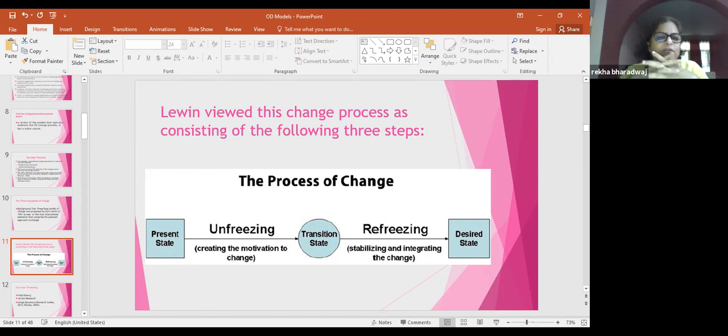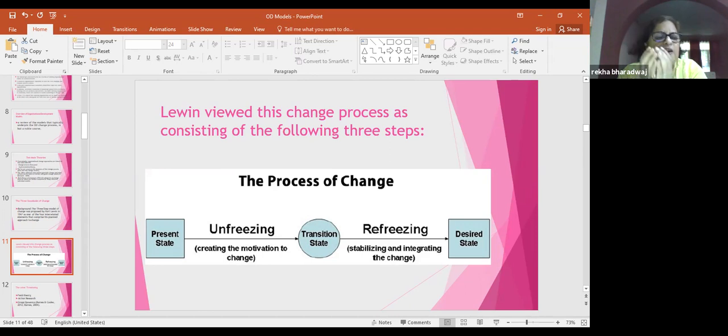So, say, for instance, somebody keeps telling you that smoking is injurious. Smoking is injurious. You pay no attention to it. You're frozen in your habit. And then how do you create the motivation to change?